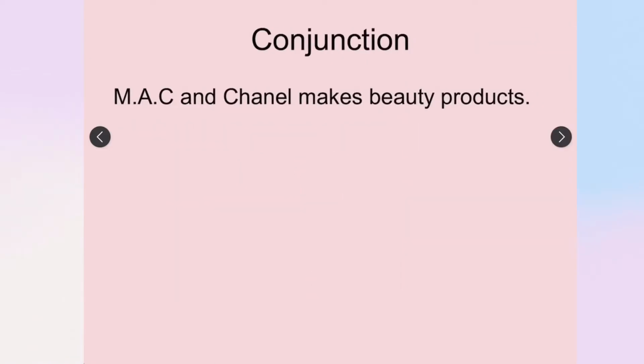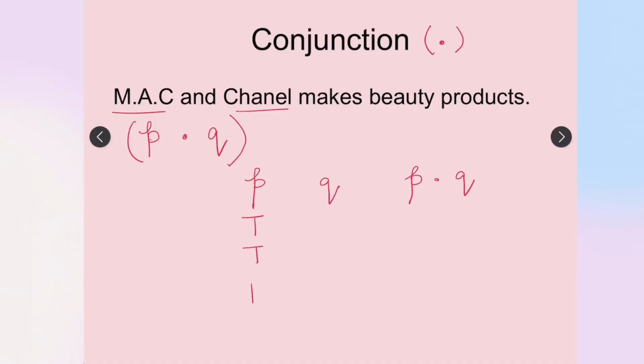Now let's move to the next one. We have conjunction. In conjunction you use a dot. Mac and Chanel make beauty products. So how will you represent it? Let's say this is P, and for Chanel you use Q. So P dot Q. And how will its table be made? Simply, P and then we have Q and then P dot Q. Again this will be TT, FF and then we have TF, TF.